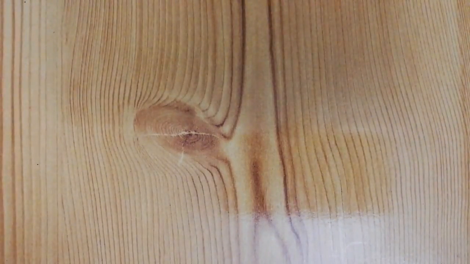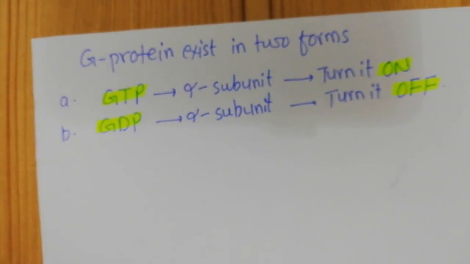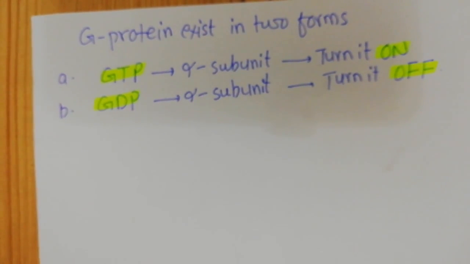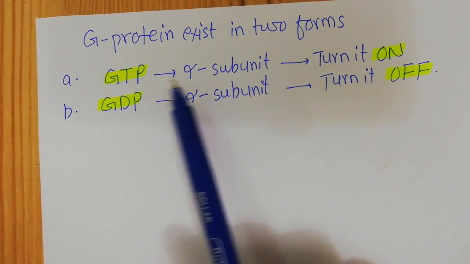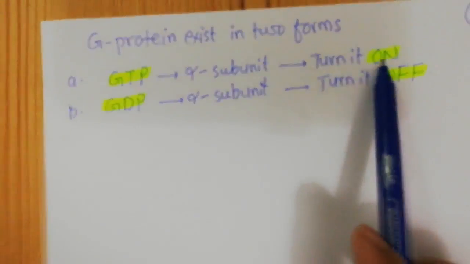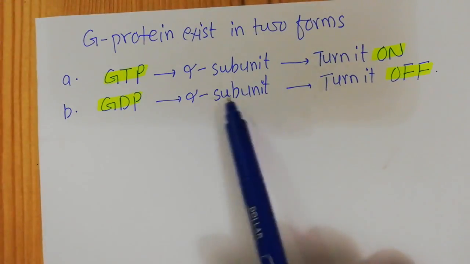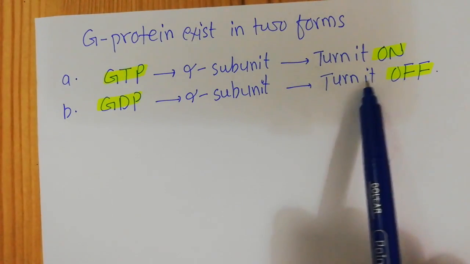Now, this G protein can exist in 2 forms. It can exist in the active form, and it can exist in the inactive form. If a GTP molecule is attached to the alpha subunit, it is going to turn it on. And if a GDP molecule is attached to the alpha subunit, that is going to turn it off.